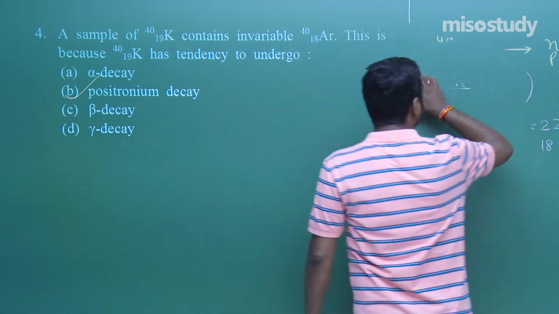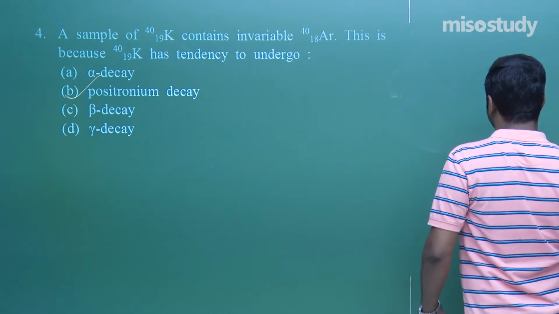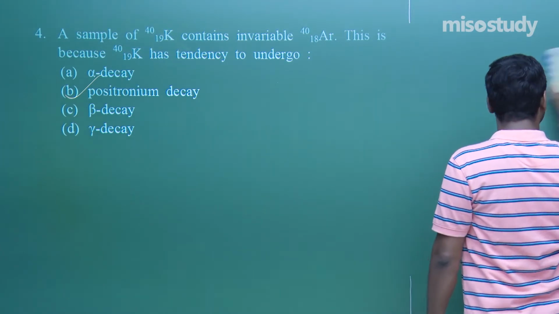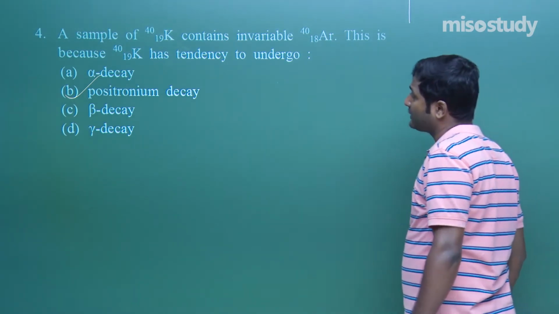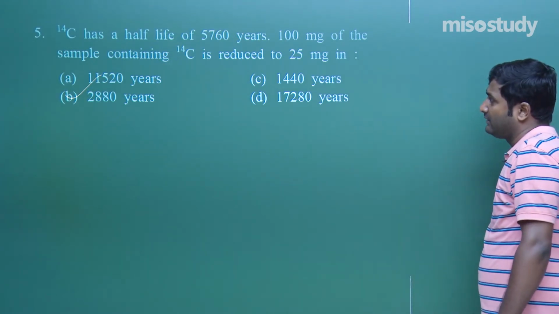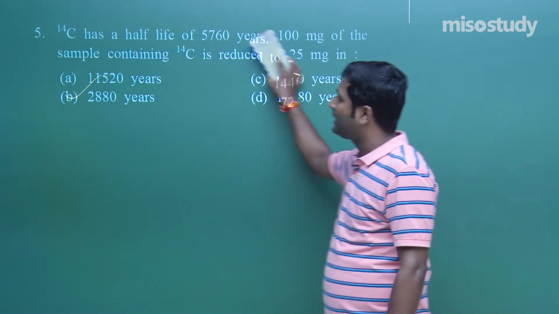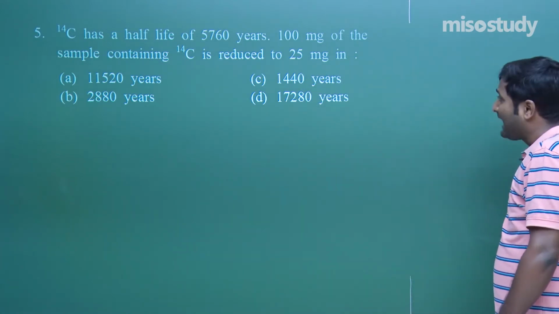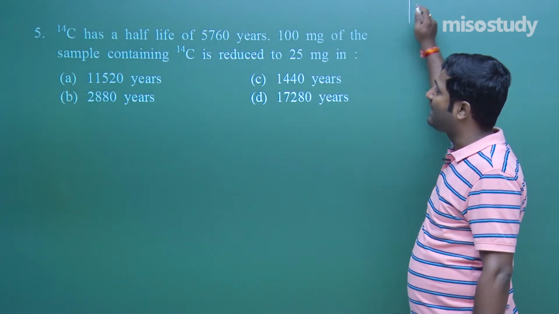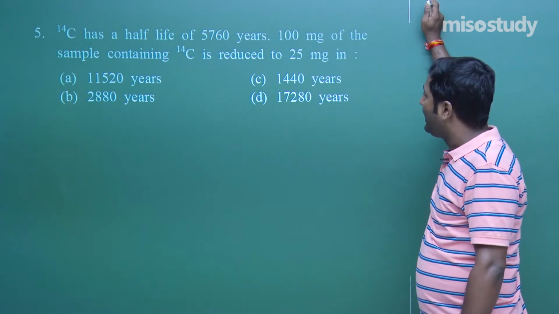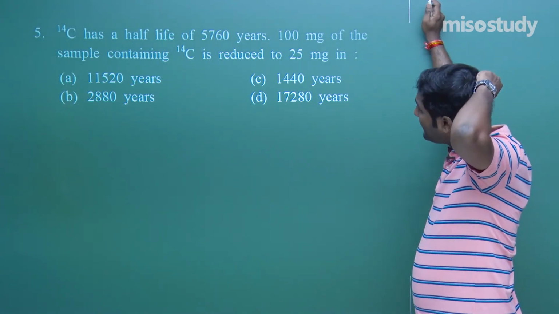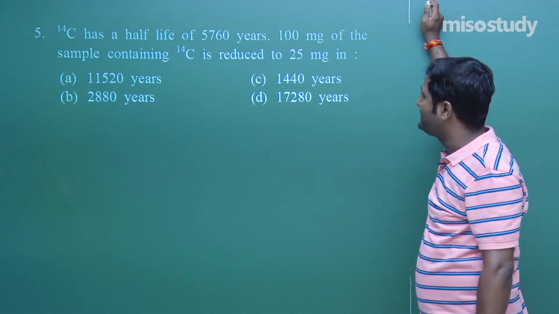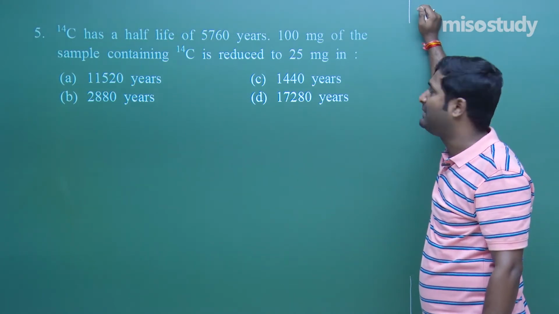Now let's move to the next one. What is the next one? Check it out. The next one is question number 5. This is a completely calculative type question. What is given here? 14C has a half-life of 5760 years. A 100 milligram sample containing 14C is reduced to 25 milligram.